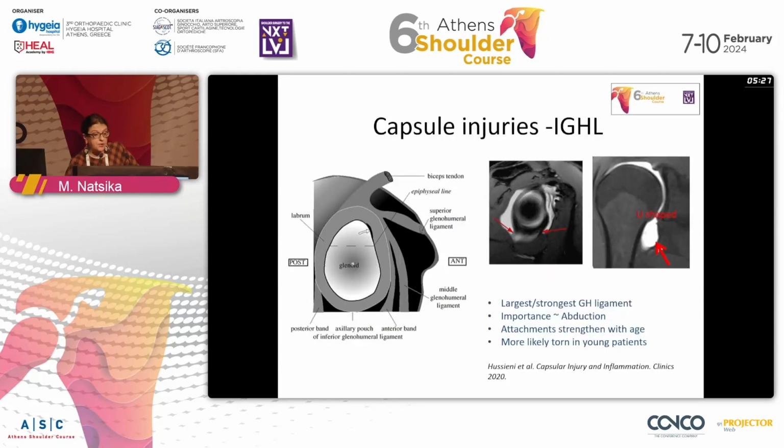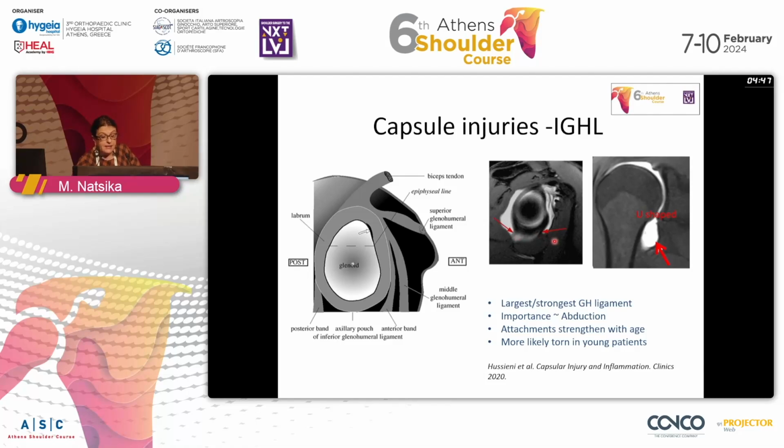What about capsule injuries? As you see, the normal inferior glenohumeral ligament has this U-shaped normal appearance with the attachment from the inferior pole of the glenoid to the neck of the humerus. Also, we can see in the sagittal plane the anterior and the posterior bundle.